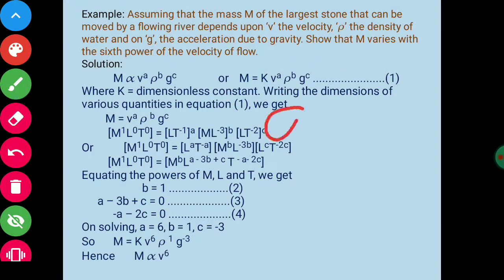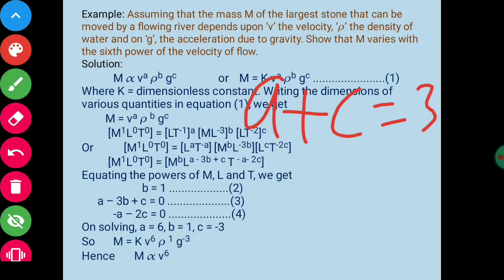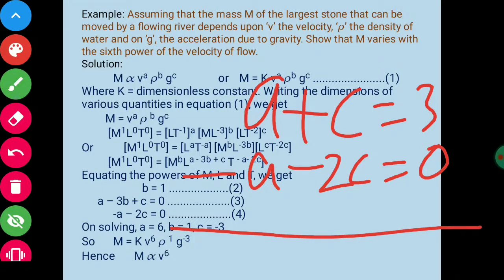Now we have equation number 4 and 5. 5 is what? a plus c equals 3, and 4 is minus a minus 2c equals 0. So we are simply using addition.